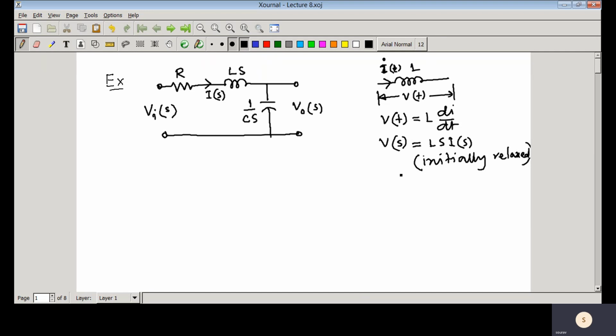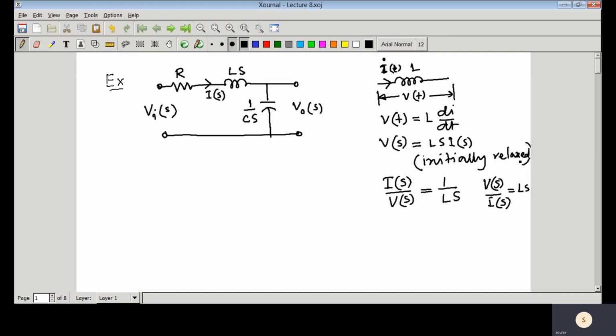Now I(s) by V(s), that is, if you would like to represent it in input output form, is equal to 1 by Ls. One interesting point is that if you represent this block as V(s) by I(s), then that would be equal to Ls.